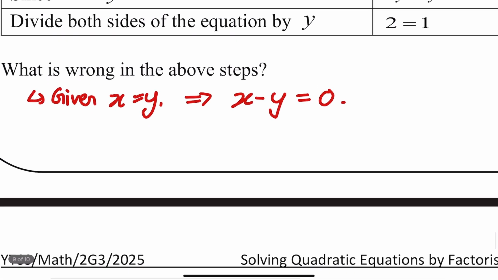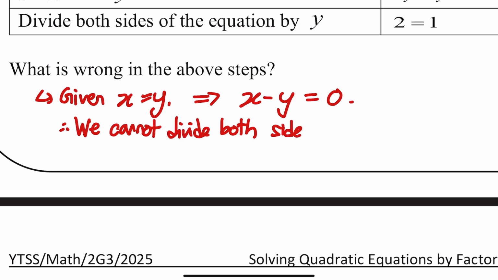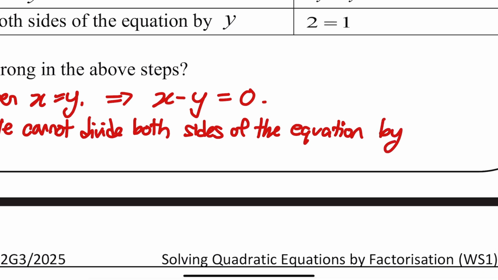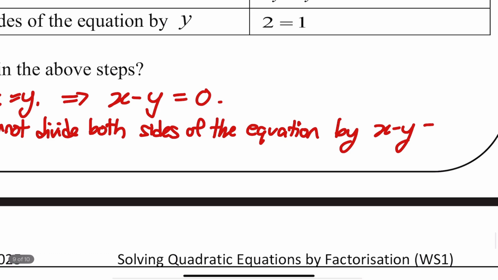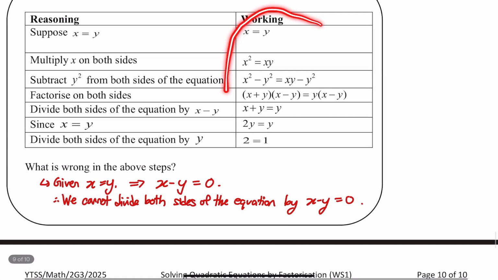So therefore, the issue is that we cannot divide both sides of the equation by x minus y, which is equal to 0. So that is the problem with this whole working over here, and that is why 2 cannot be equal to 1.